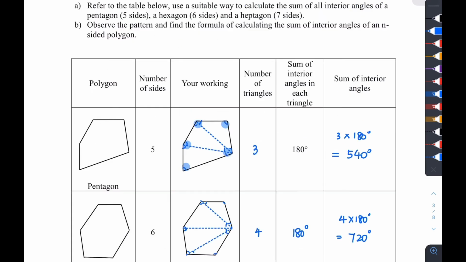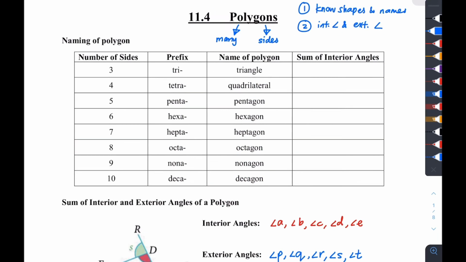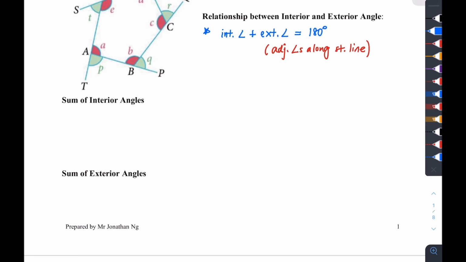So let's go back to the first page. Using this approach, we can find our sum of interior angles, and we actually have 2 formulas to find the sum of interior angles. Formula number 1, the first option, would be 180 times n minus 360 degrees.